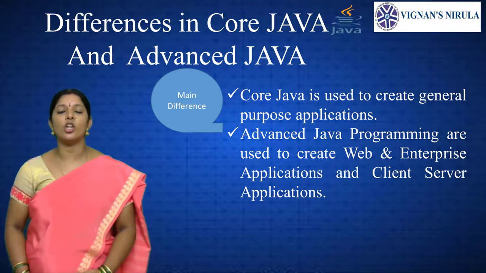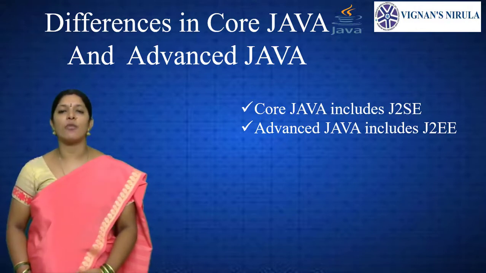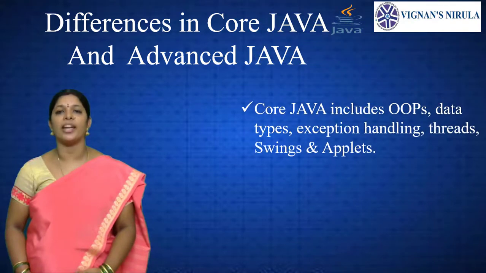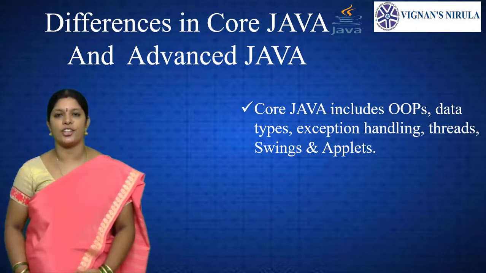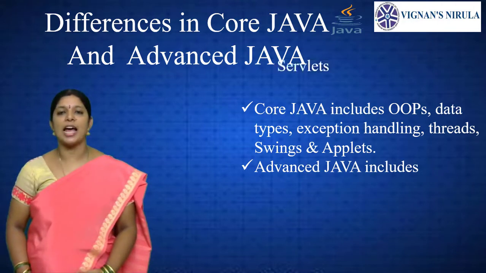Core Java includes the Java Standard Edition, whereas advanced Java includes the Java Enterprise Edition. In core Java, we learn concepts like OOPS, object-oriented programming, data types, operators, exception handling, threading, strings, applets, collections, etc. In advanced Java, we learn concepts like servlets, JSPs, and JDBC.